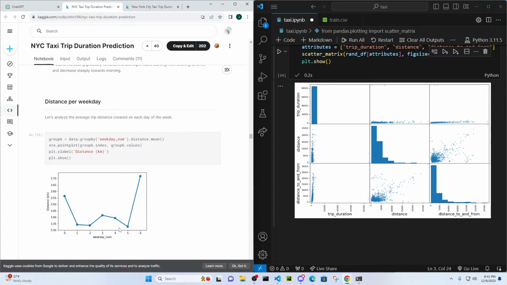And then from Tuesday to Saturday, it's pretty low. But if you look at it, we're looking at about 3.35 kilometers to 3.7 kilometers average, which isn't a big difference. We're looking at like a 0.35 kilometer difference. So it's pretty tight. Does anyone else want to make any observations before we read his?